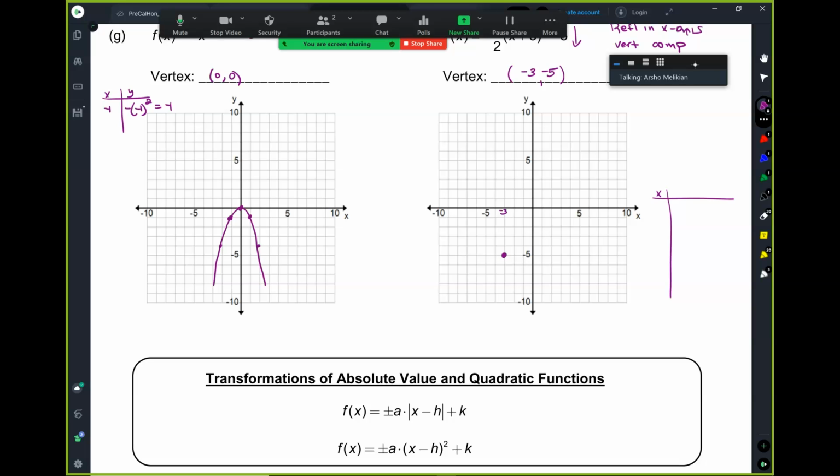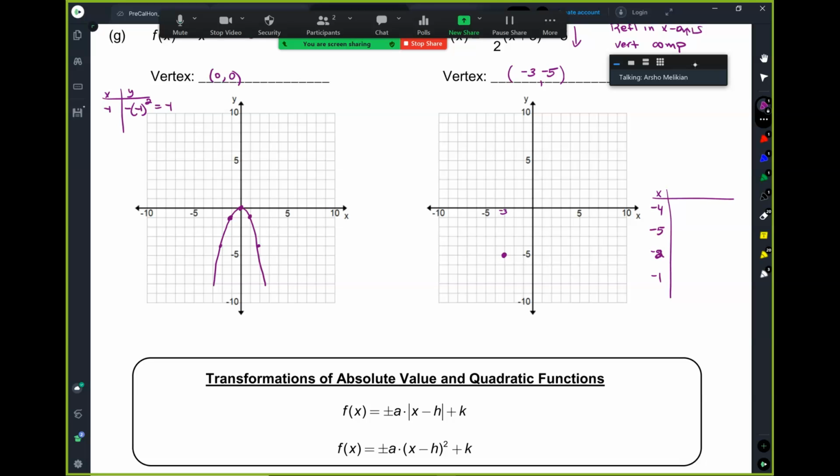So 2 to the left, that would be -5, and then 2 to the right, that would be -1. Okay? So it's at x equals -5. It's at x equals -3. I go 2 to the right, -2, -1, and then -4, -5.